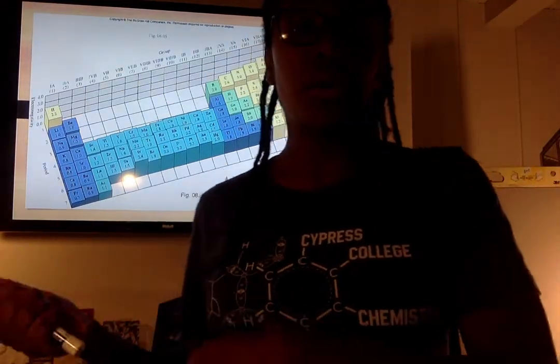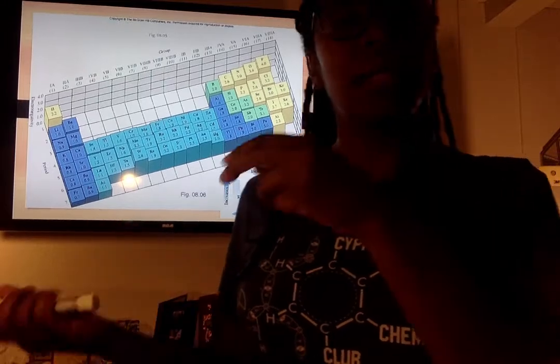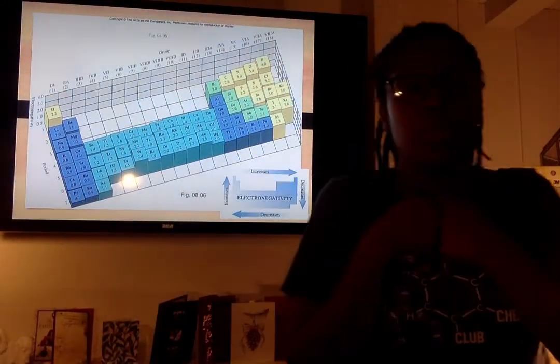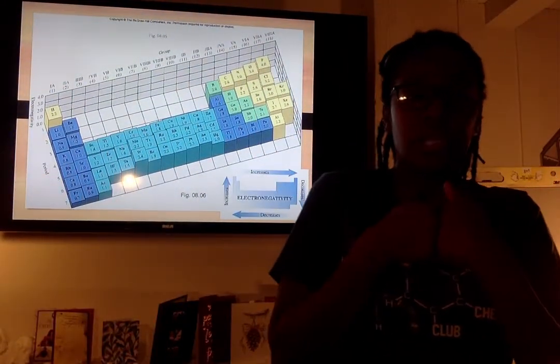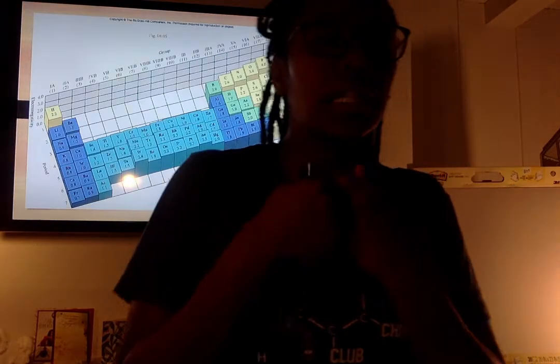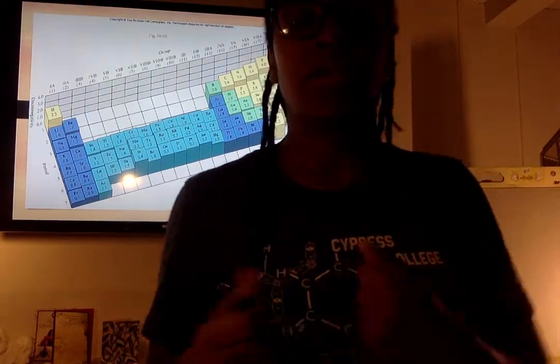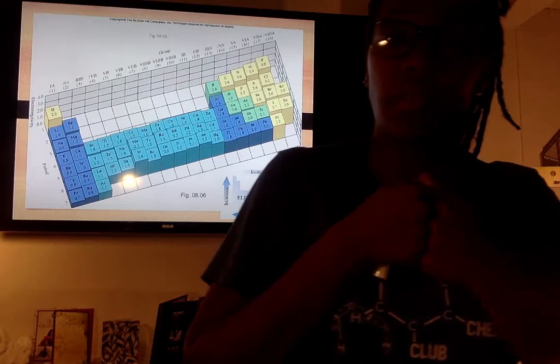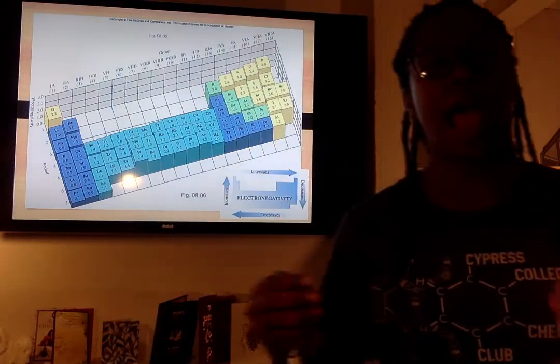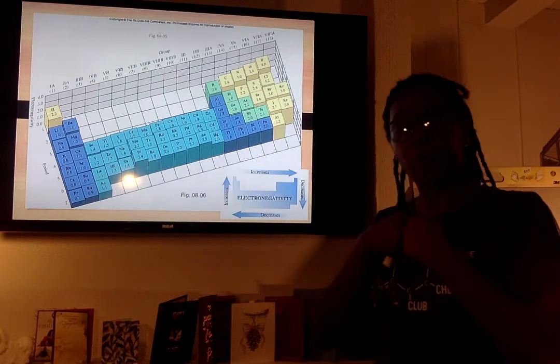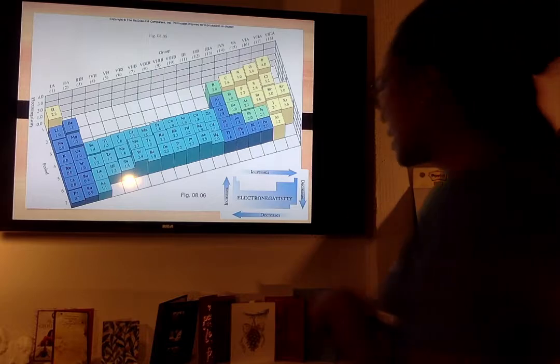Electronegativity is the opposite: how strong is it going to be pulling an electron towards itself? Ionization is the separation; electronegativity is when it's coming together. So the trend for how tightly held they're going to be is this.